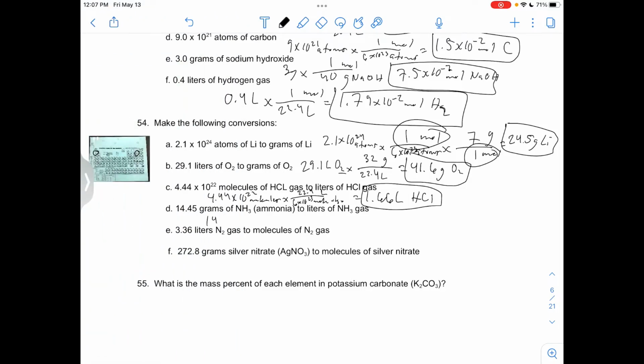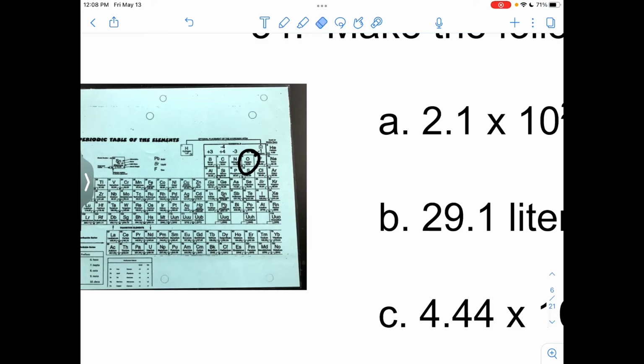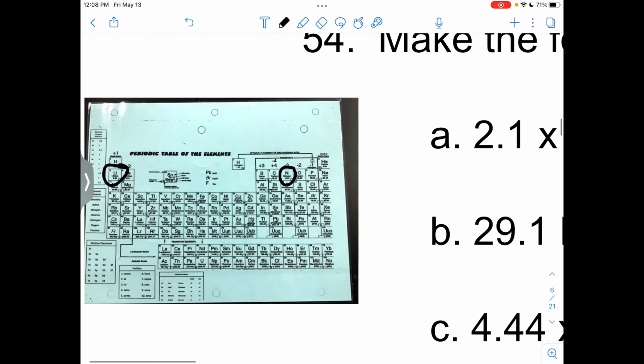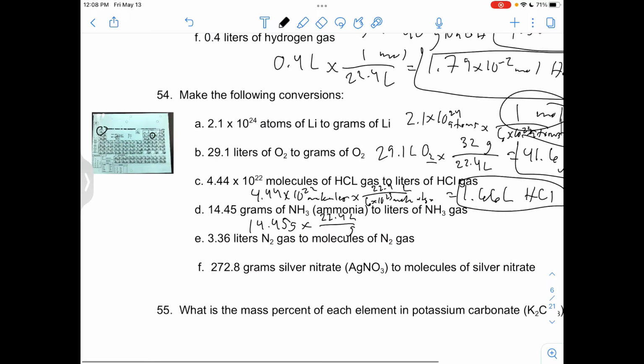Okay, next one, ammonia. 14.45 grams, and I want it into liters. 22.4 liters per mole of NH3. So N is over here, hydrogen is up there. So N is 14 plus 1 times 3.